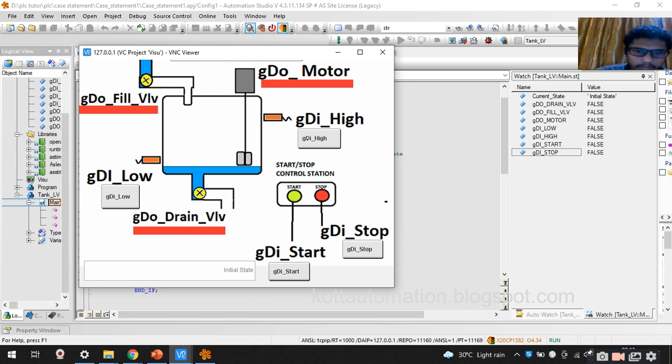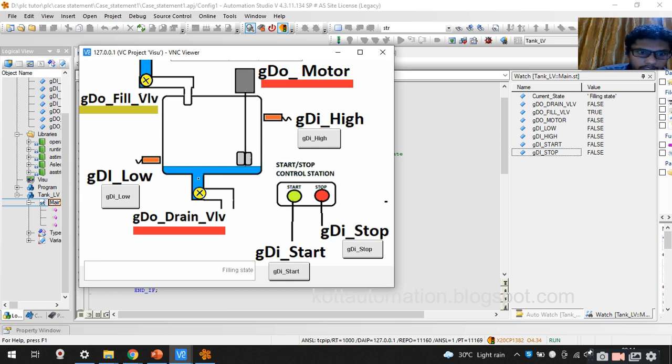These both sensors are off in the current situation, and my current state is the initial state in which all outputs are off, and I'm pressing the start button. As soon as I press the start button, it went into the filling state. In the filling state, my output fill valve is on. Rest, motor and the drain valve are off.